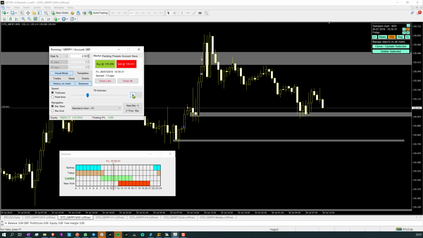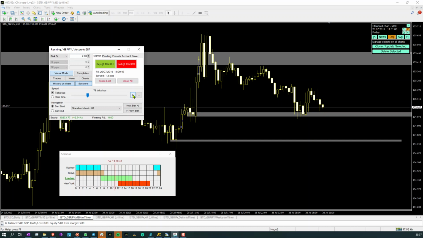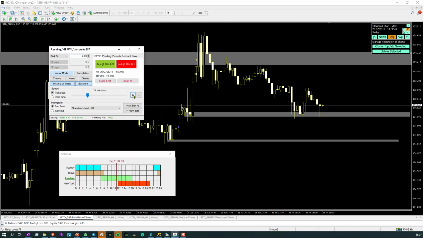Rejected up. Bearish close again. Okay, we are in that zone of support. Now this is interesting because if we break this week down, yeah, this is a short trying to get to this area here.